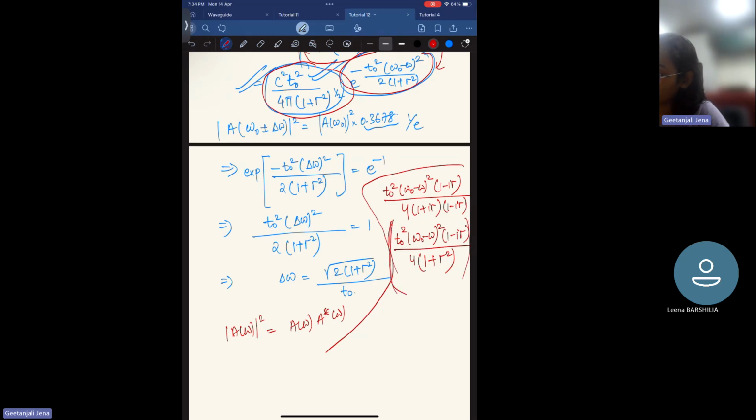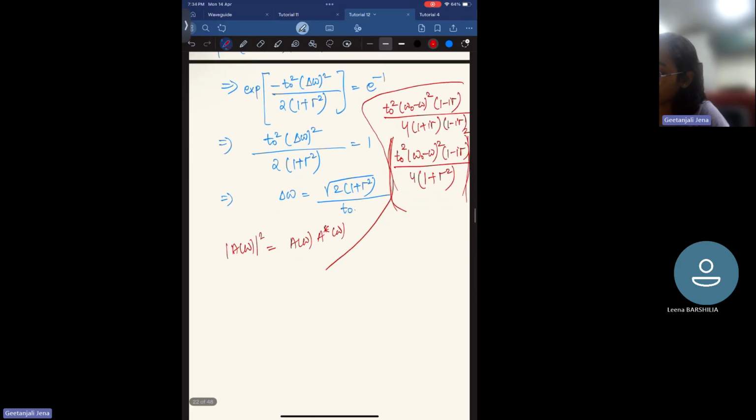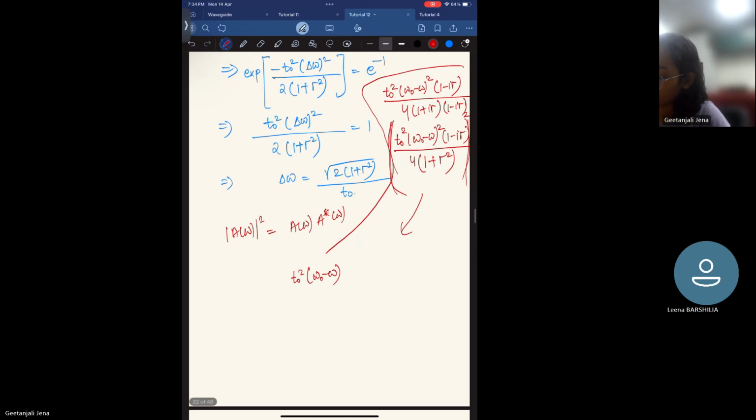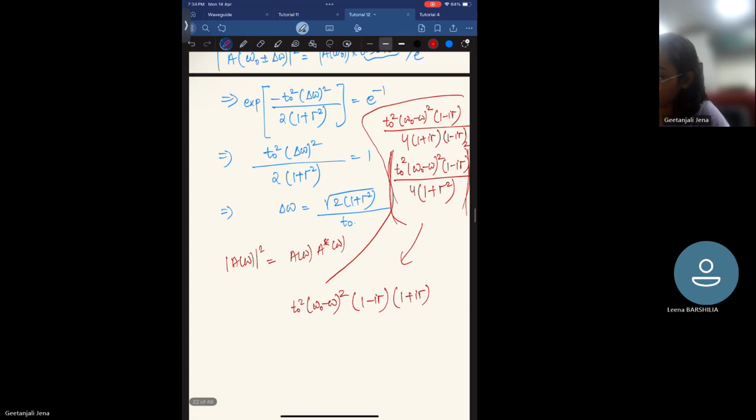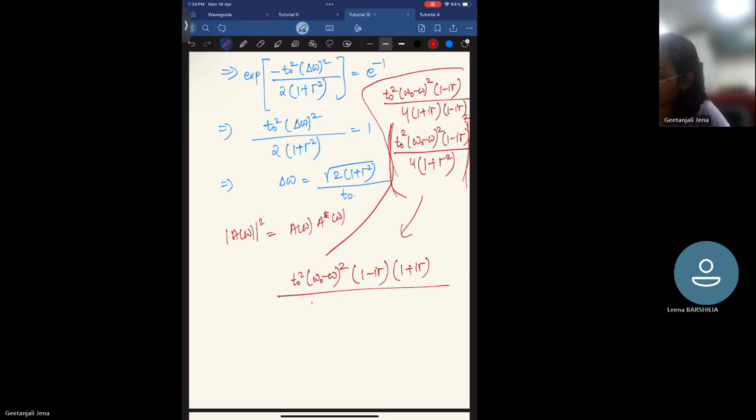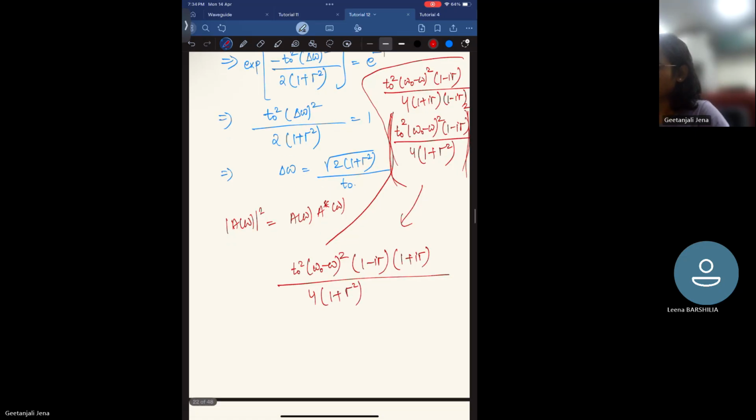And if you take the square of this, so this is only for one term. If you take the mod square, this will be T0 square (omega 0 minus omega) square, 1 minus i gamma, and the complex conjugate part will be 1 plus i gamma. Right?